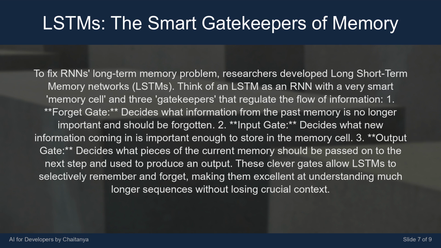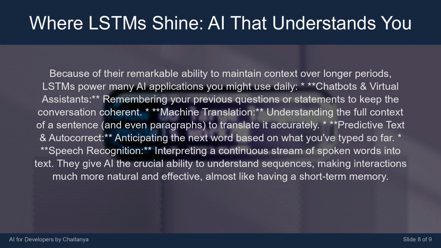These clever gates allow LSTMs to selectively remember and forget, making them excellent at understanding much longer sequences without losing crucial context. Because of their remarkable ability to maintain context over longer periods, LSTMs power many AI applications you might use daily. Chatbots and virtual assistants: remembering your previous questions or statements to keep the conversation coherent.